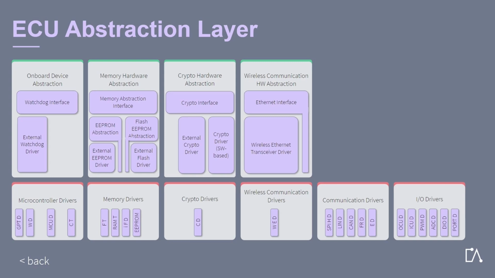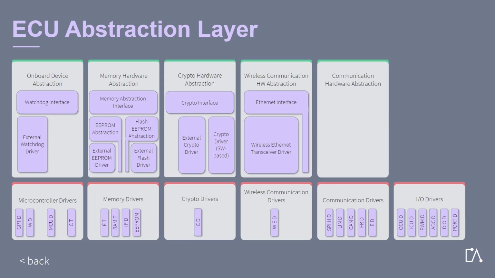The Communication Hardware Abstraction Group is a group of software modules which abstract from the location of communication controllers and the ECU hardware layout. For all communication systems, a specific communication hardware abstraction is required, for example for LIN, CAN and FlexRay.